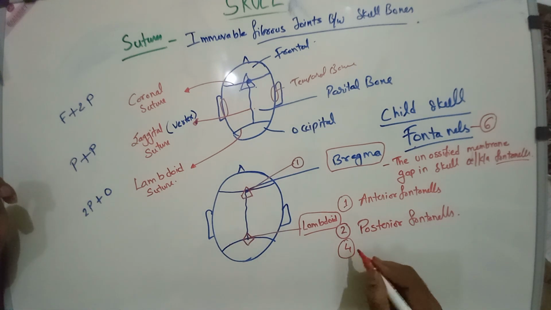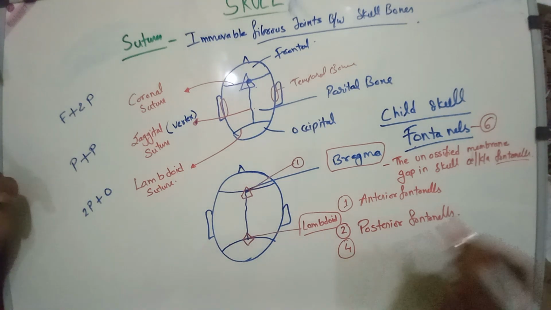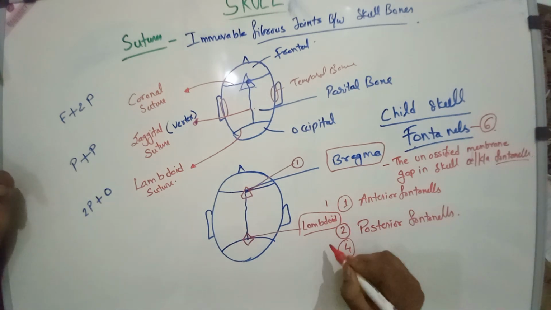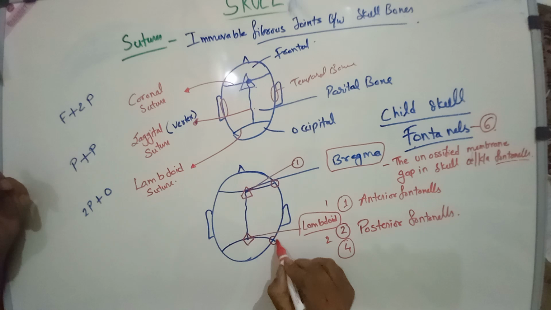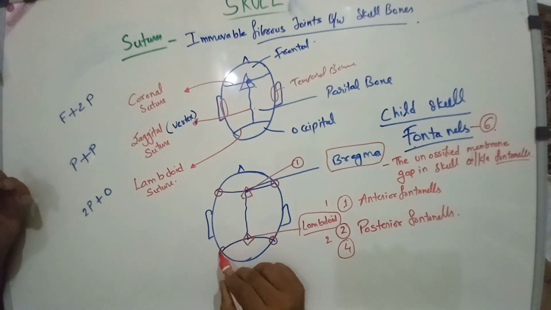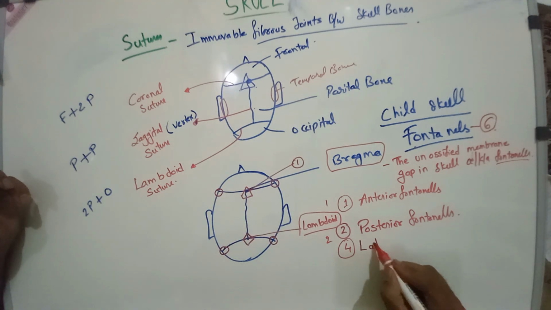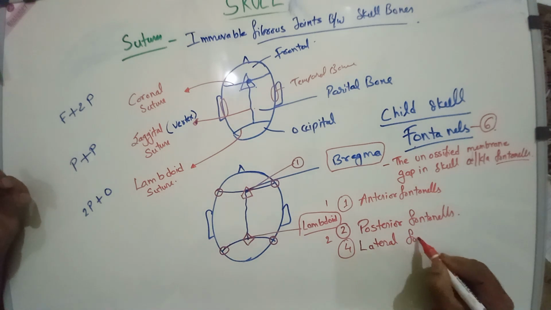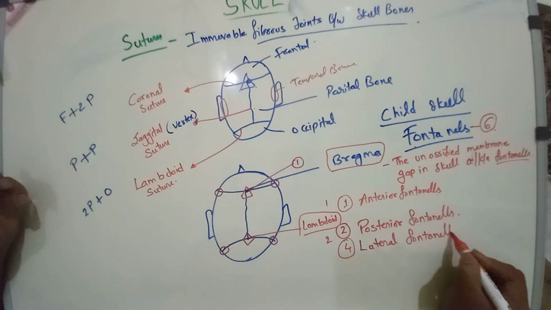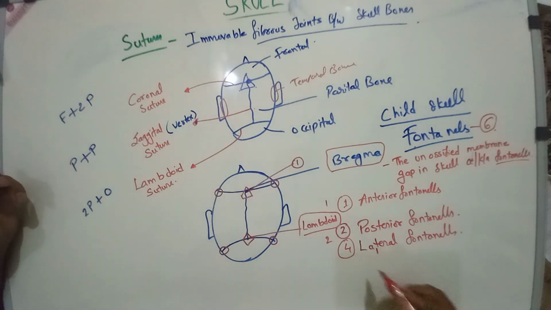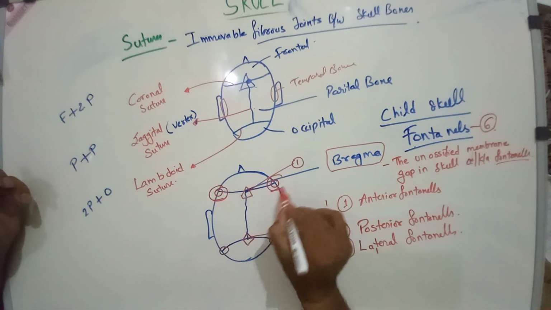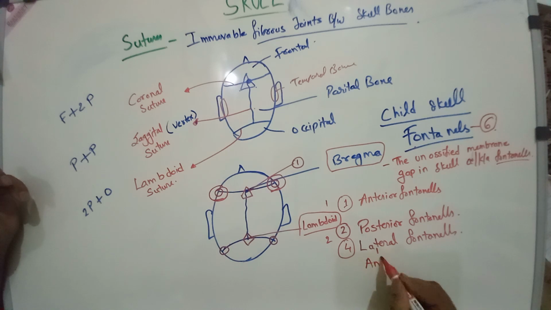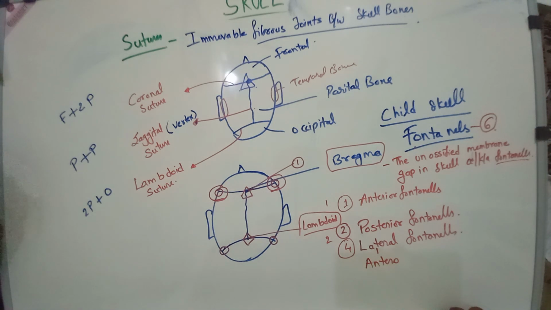There is a total of 6, 1 and 2, and what about the 4? So there is 1, 2, 3 and 4. They are called lateral fontanelles. Antero means they are on the anterior side.